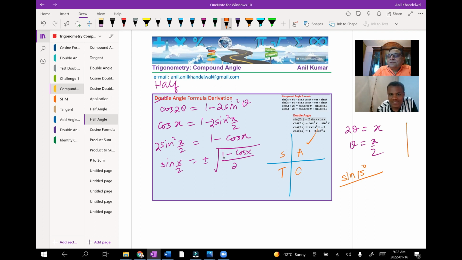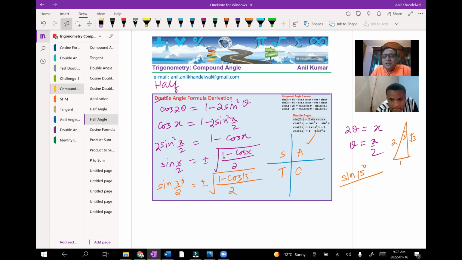You know sine 30 degrees? Yes, it is half, right? So we can say sine of x by 2, where 30 divided by 2 is 15 degrees, equals plus or minus the square root of 1 minus cos 30 degrees over 2, right?